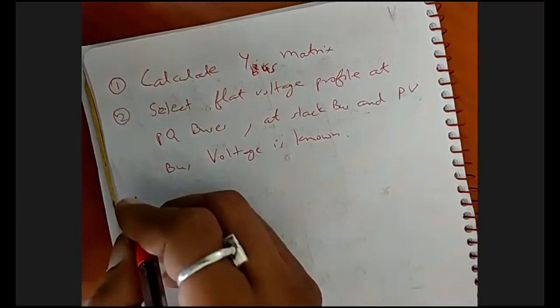Then we will set iteration count K equal to 1.